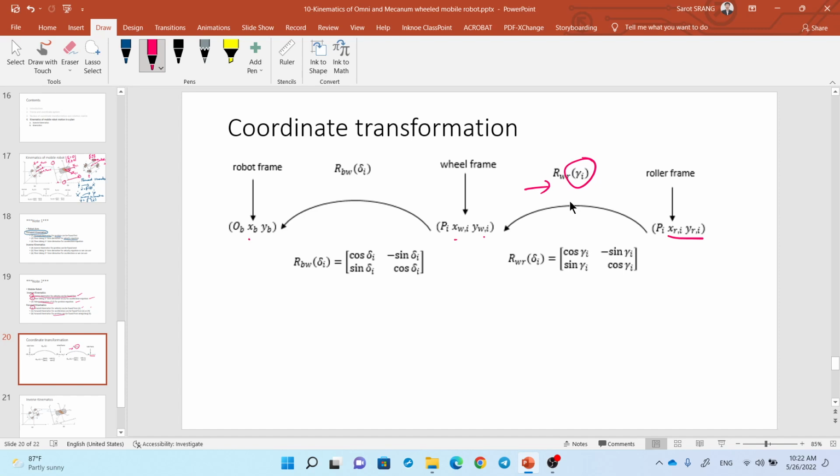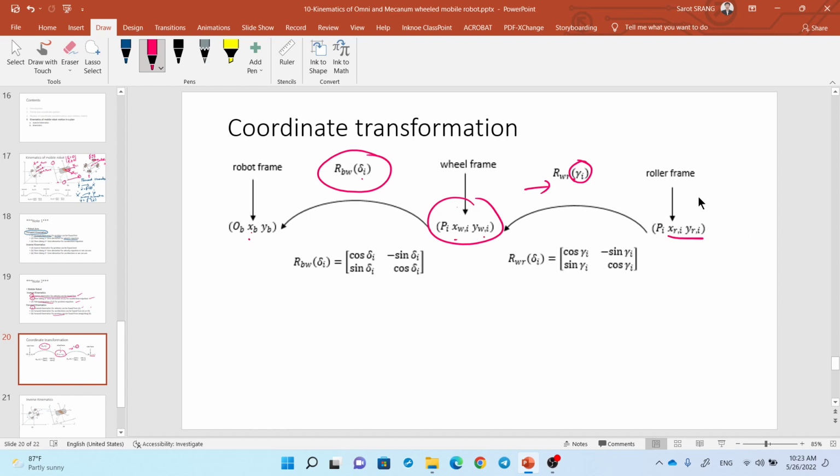And if you want to transform coordinates from the wheel frame to the body frame, you use rotation matrix with angle delta.